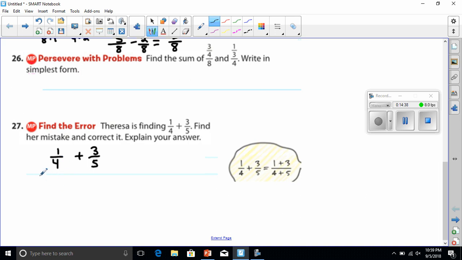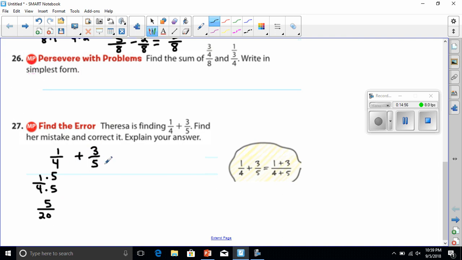So let's work it. We've got 1 over 4, and to make 20, we have to multiply 4 by 5. That means we have to multiply 1 by 5 as well. That's going to give us 5 over 20.